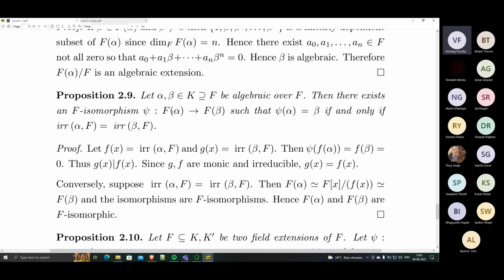There is no other monic irreducible polynomial that can vanish at that element. There can be other monic polynomials, but there cannot be an irreducible monic polynomial that is different. That's all that you're using here, nothing else.